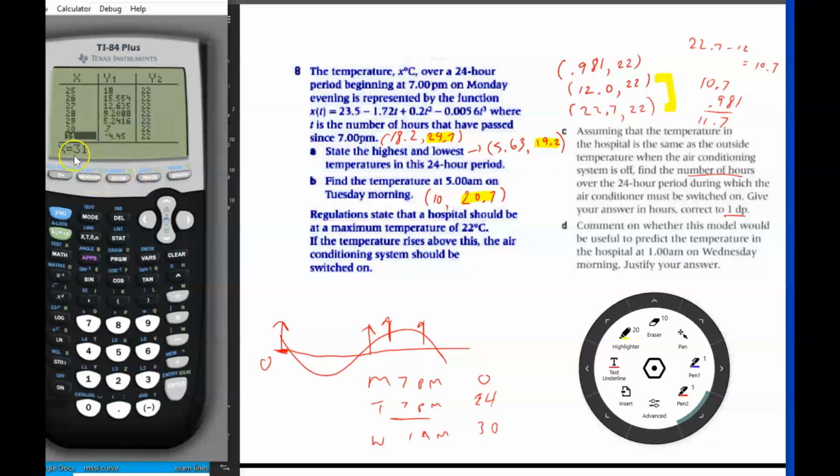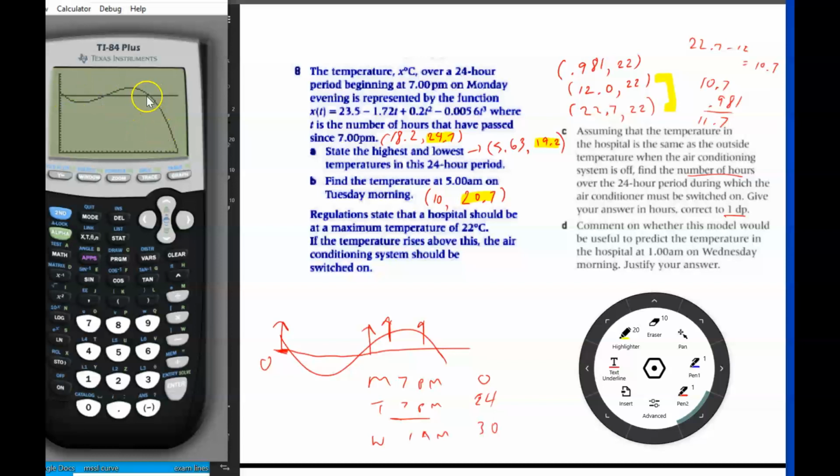If we remember when we looked at the graph before, we can look at it again here. We'll change the window so that x max is 30. So the cubic function necessarily has to go to negative infinity, positive infinity.